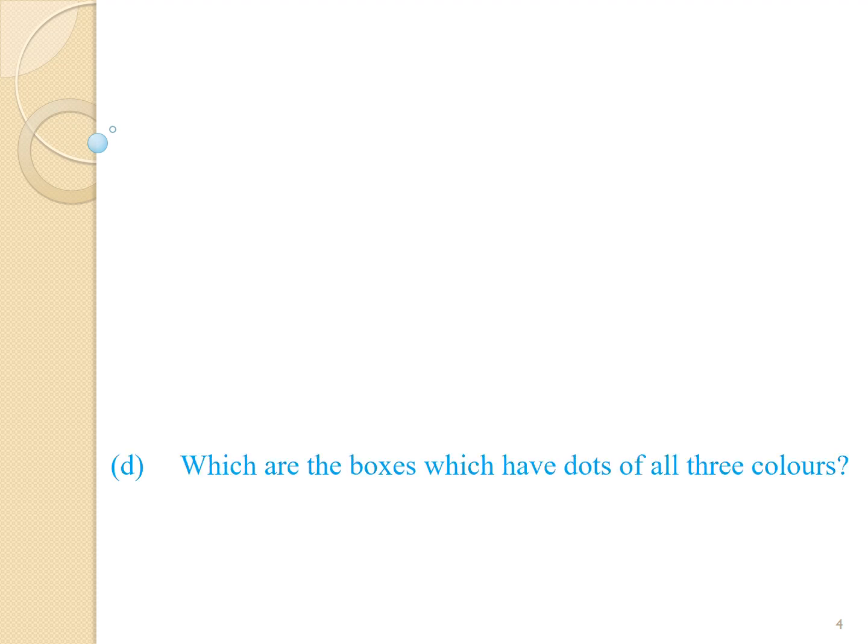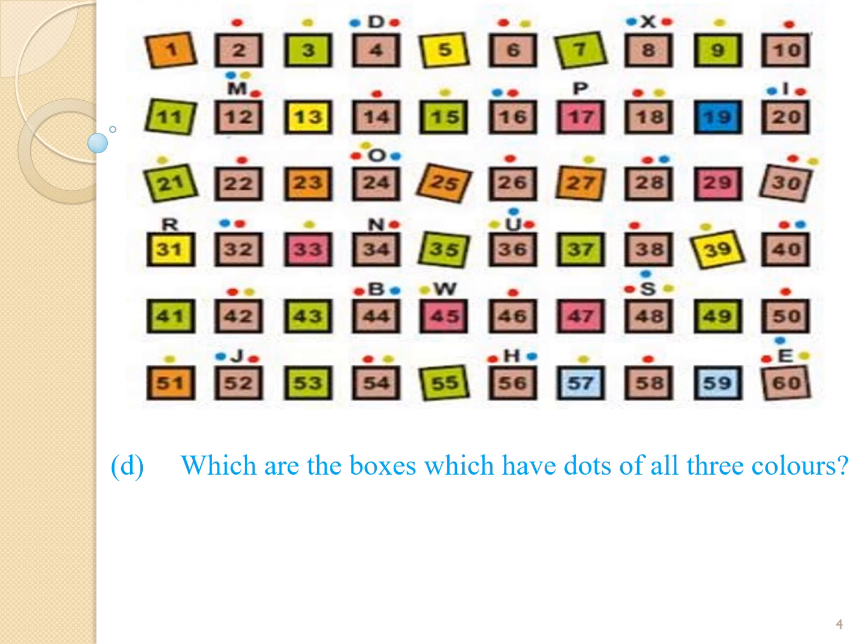By solving questions A, B, and C, it is clear to us that the boxes which have dots of all 3 colors, that is, the numbers that are divisible by 2, 3 as well as 4, are 12, 24, 36, 48 and 60.